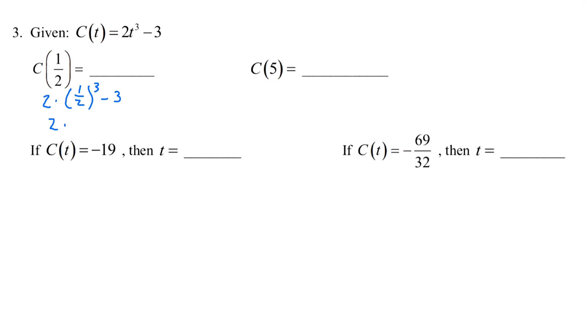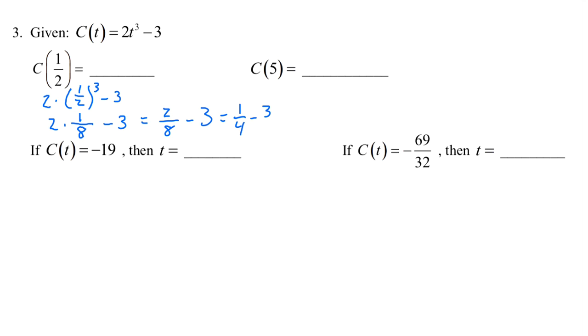It also means 1 to the 3rd power over 2 raised to the 3rd power. Well, 1 cubed is 1, 2 cubed is 8. Now that would give you 2/8 minus 3. Well, that happens to be 1/4 minus 3.